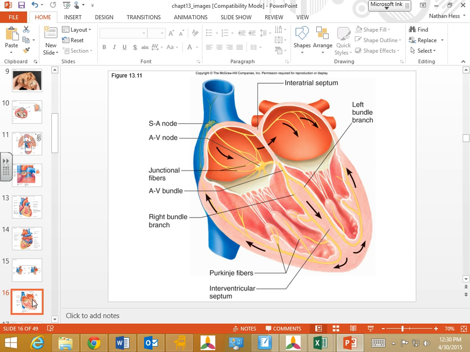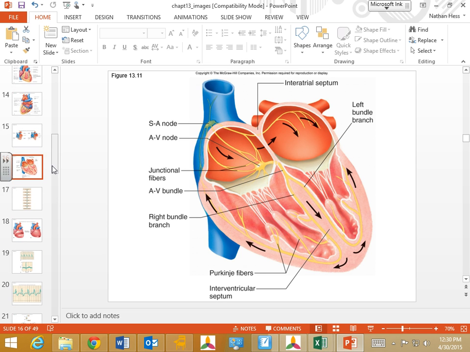All right, the next piece to talk about with this heart is what's cool about the heart: it controls itself. Now, the brain can do some controlling of the heart to make it beat, but for the most part, it takes care of itself. It has this little bundle of fibers here called the SA node, the sinoatrial node.